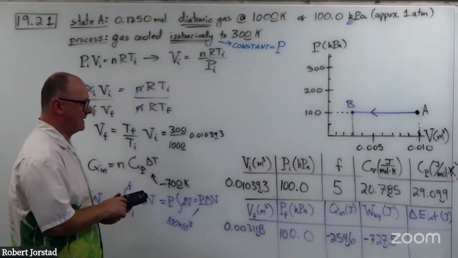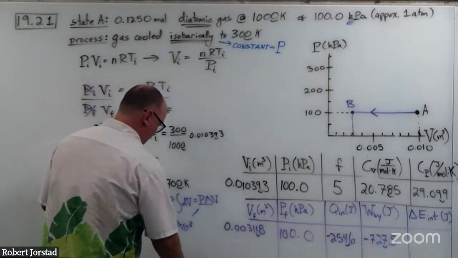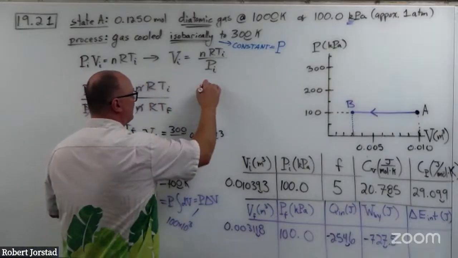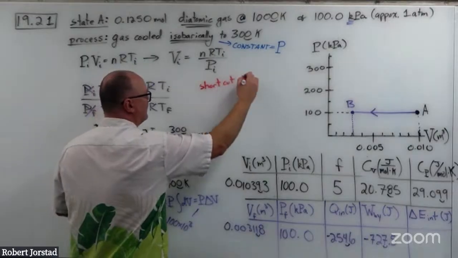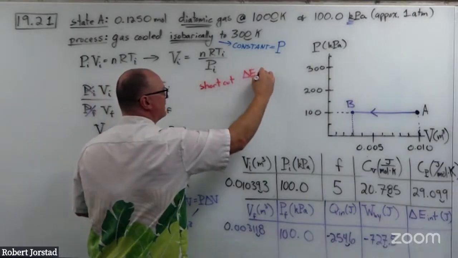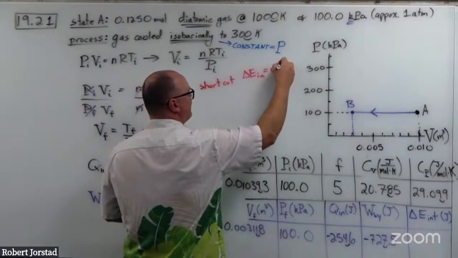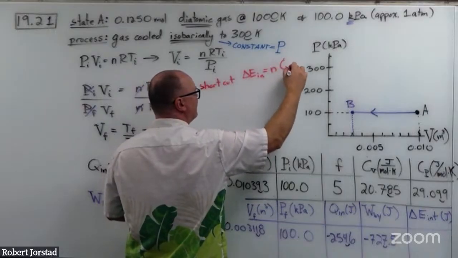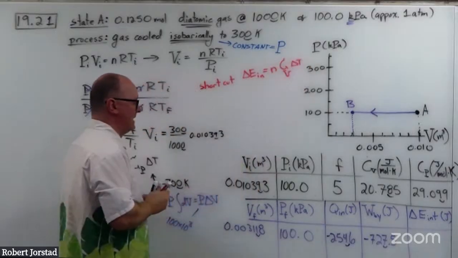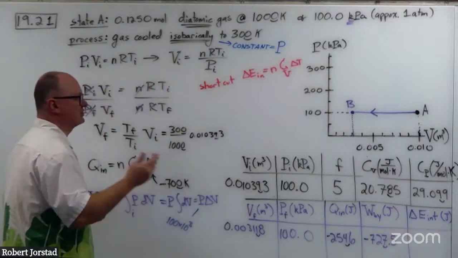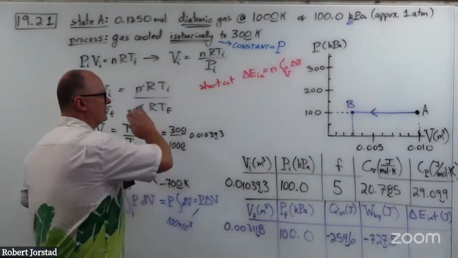All right. Now, delta E internal, I want to get that in two ways. Shortcut, delta E internal equals n Cv delta T, always. So let's punch that in and then we'll check it with the first law. So we're going to try the shortcut.